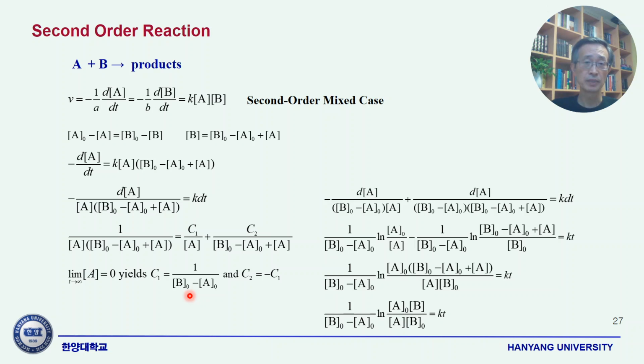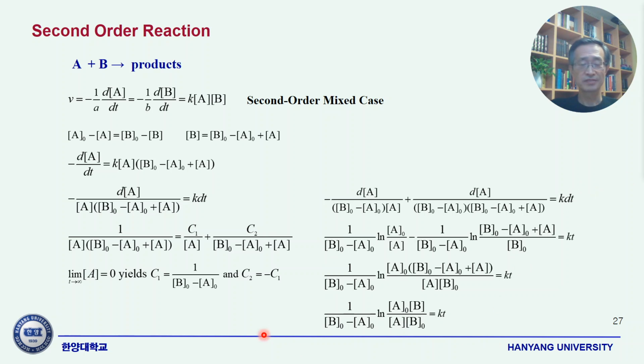That is the relationship. You can also do a similar arrangement for the other case, and rearranging that, you obtain that C2 equals minus 1 over B naught minus A naught, so C2 equals minus C1.